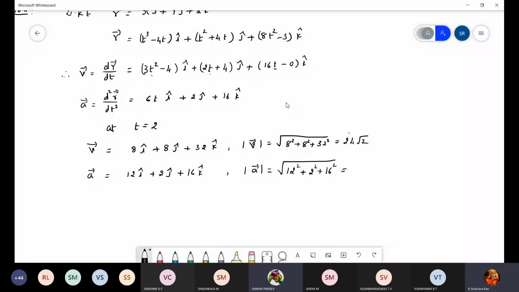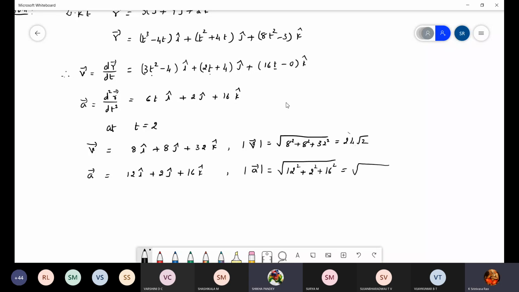So that gives 2 root of 101. Velocity, magnitude of velocity: check once again. Is it right? 24 root 2. Okay, what about acceleration? Square root of?